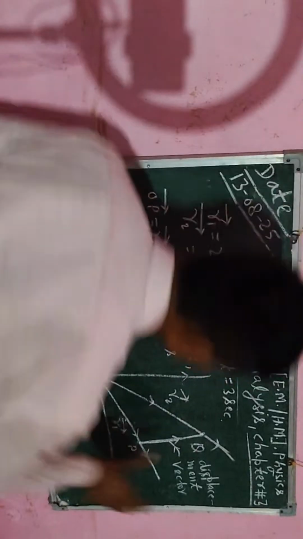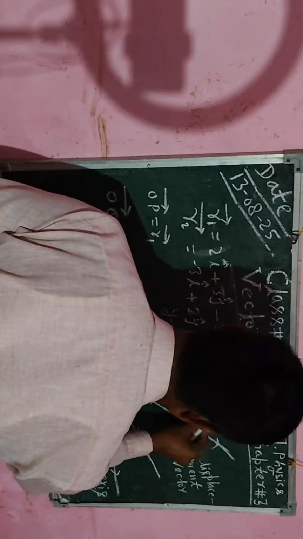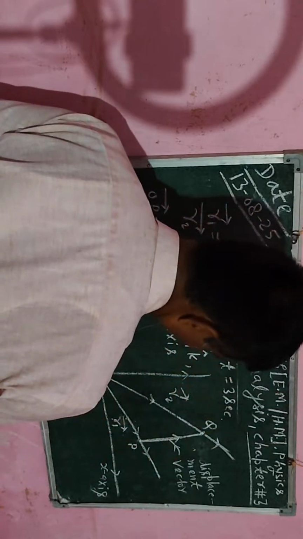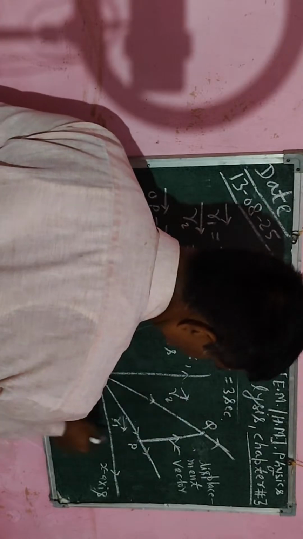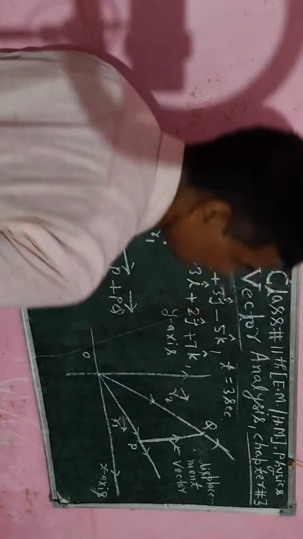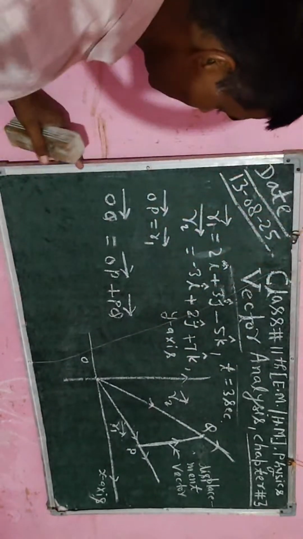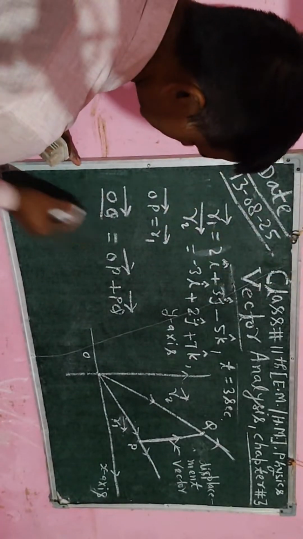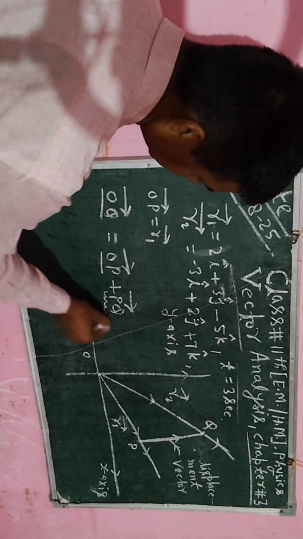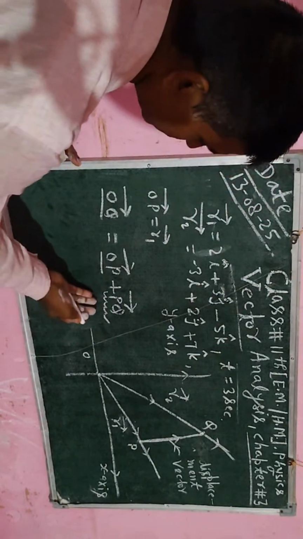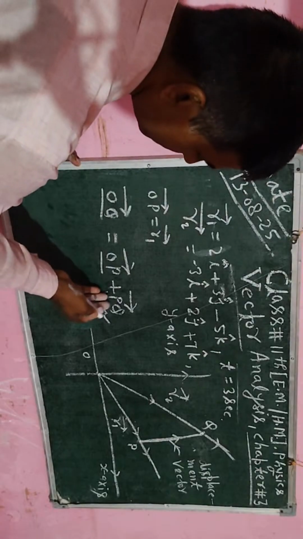So OP and OQ are position vectors, but P to Q is the displacement vector. Okay, so we have to find the value of PQ.